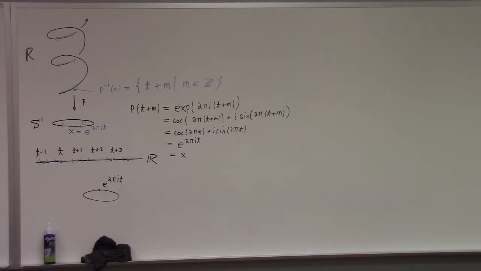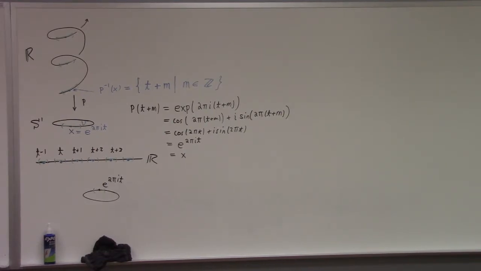Why is the fiber a discrete subspace? I think that has to do with the disjoint union, assuming that P inverse of U is a disjoint union. So we've said that every point in X has an open neighborhood which is evenly covered, right?